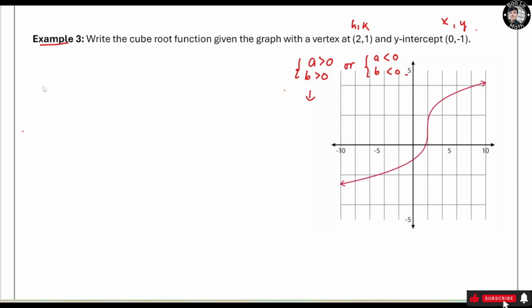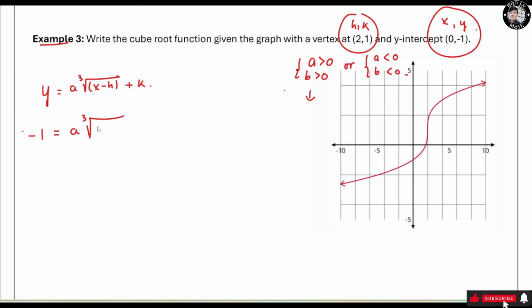So I have the vertex form y equals a times the cube root of x minus h, plus k. So I substitute these two points into this equation. I'm going to have -1 equals a times the cube root of 0 minus 2, plus 1.